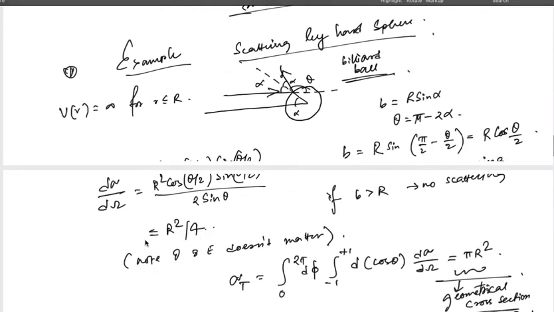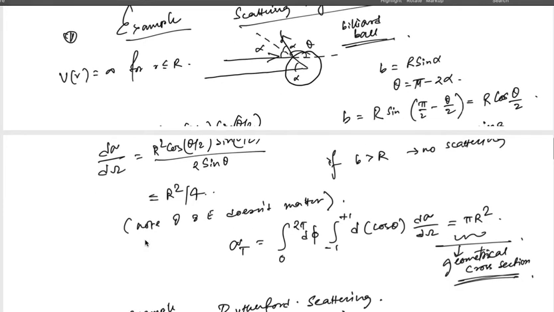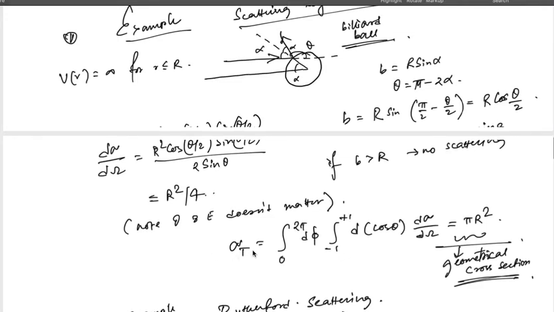What is that? It is not very intuitively clear to us, because the differential cross section is not something that holds a clear mental picture. So we calculate the total cross section, and it is basically pi R squared, which is the geometric cross section of a sphere.